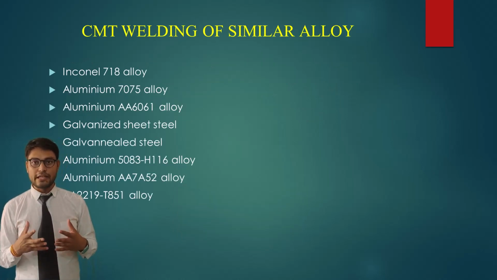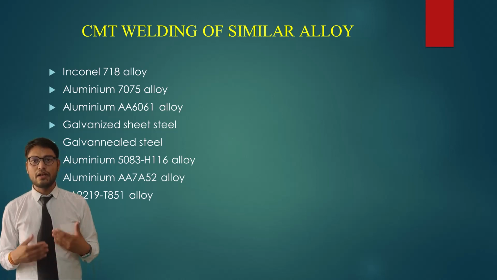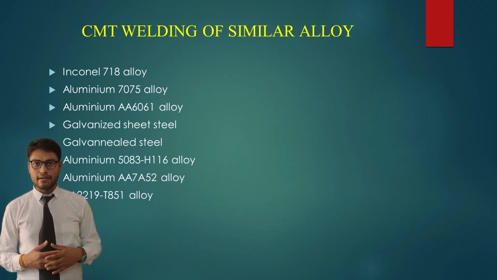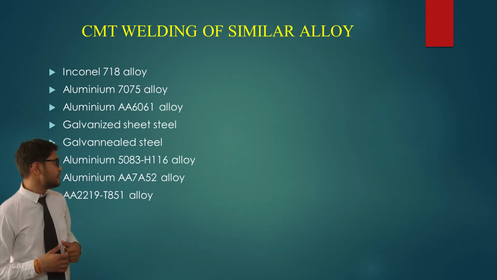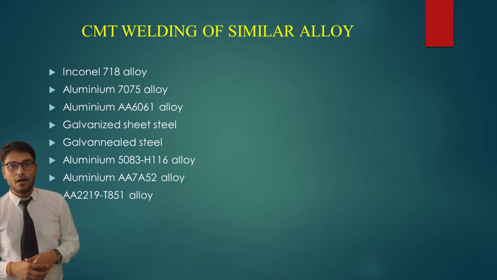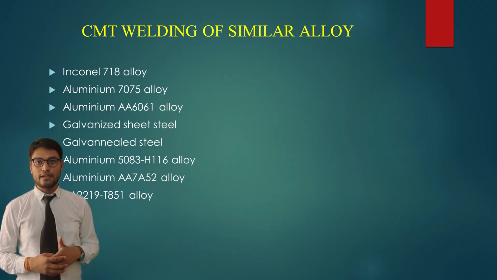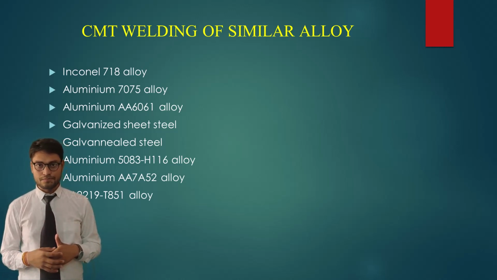Now let's discuss CMT welding of similar alloys. CMT welding can also be used for similar alloys like Inconel 718 alloy, aluminium 7075 alloy, aluminium AA6061 alloy, galvanized steel alloy, aluminium 5083 alloy, aluminium AA7452 alloy and many more.